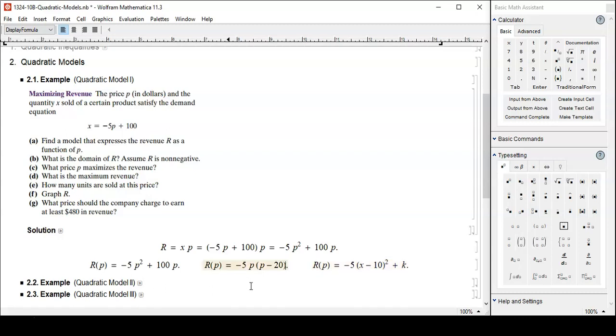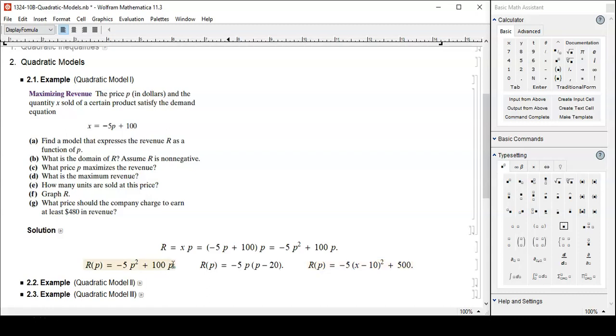Well, from here, P equals 0, P equals 20, the average is 10, so that's when we have the maximum, remember? And as for the K value, I can figure it out by plugging in P equals 10 into either this or that. If you do it right, you're going to get 500.